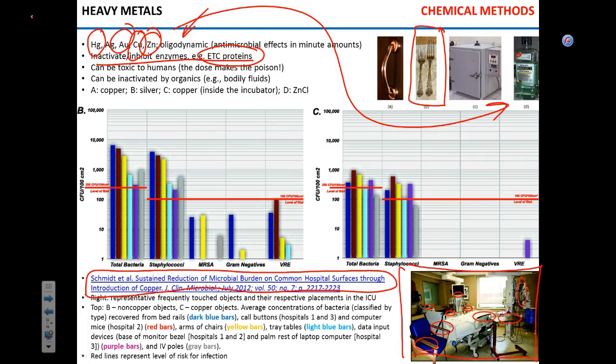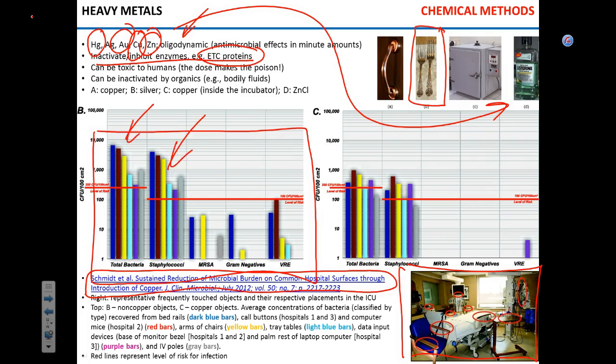These locations included bed rails, IV pole, computer keyboard, the armchair handles, stuff like that. And they sampled those locations and demonstrated the average number of microorganisms. Now, that's total load.